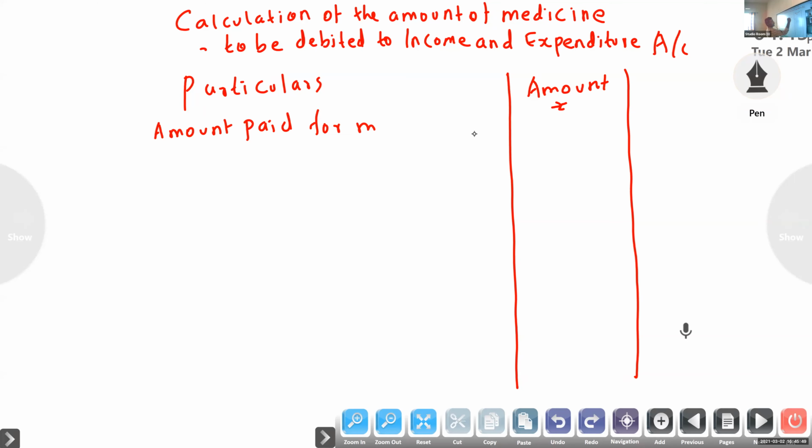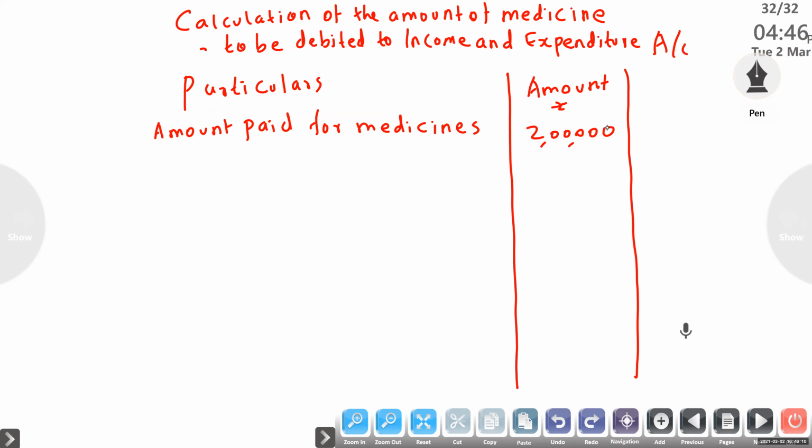Amount paid for medicines. So it is given here 2 lakh. Okay. So we know that opening stock, Pavitra, opening stock of medicines, add or less? Add. Yes.